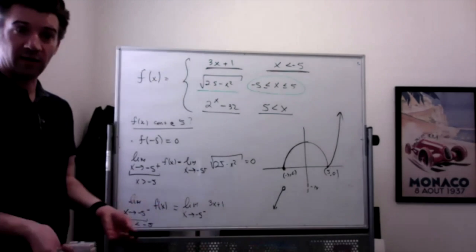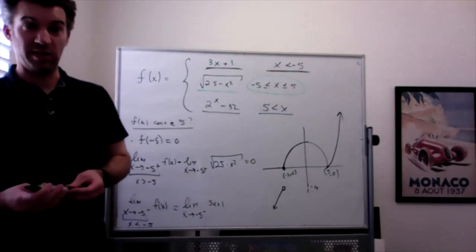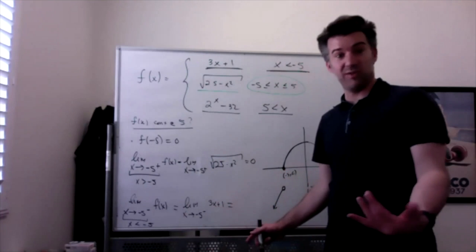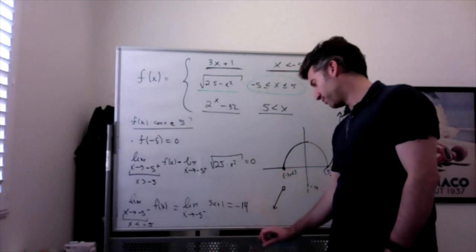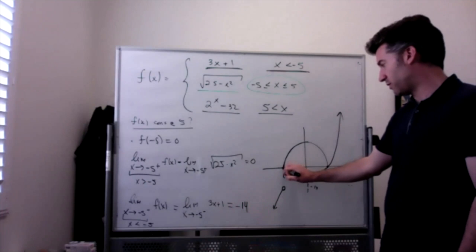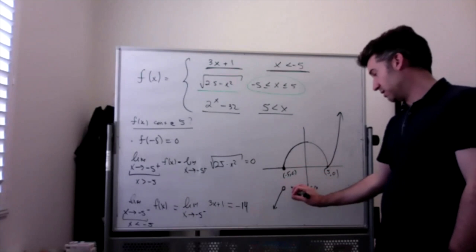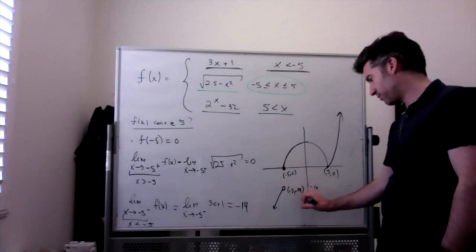And then I just evaluate the limit in the usual way, if I can, by plugging in x equal to -5. So I get 3 times -5, which is -15, plus 1, which is negative 14. So this point here, which is filled in, is (-5, 0). This point here, which is not filled in, is (-5, -14).